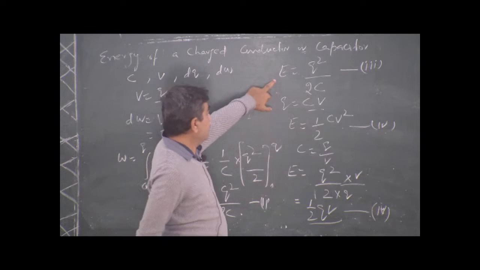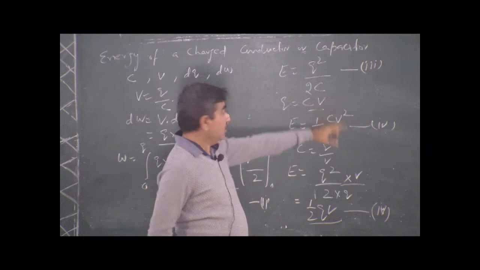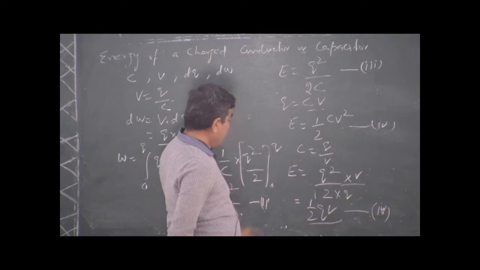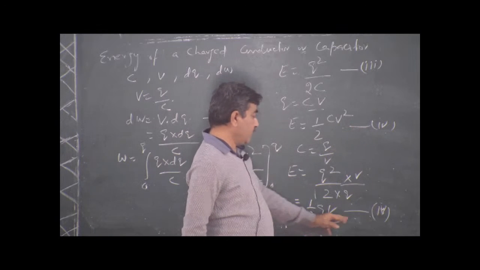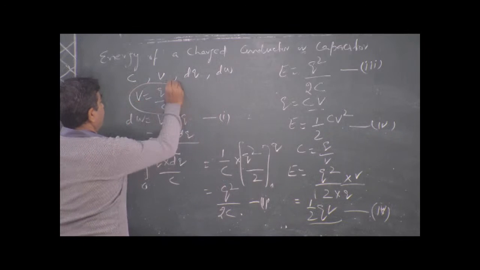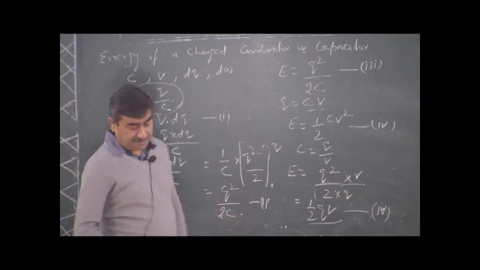First one is E is equal to Q square by 2C, then E is equal to 1 by 2 CV square, or E is equal to 1 by 2 QV. We just put the value of first Q, V and C, and we got 3 expressions.